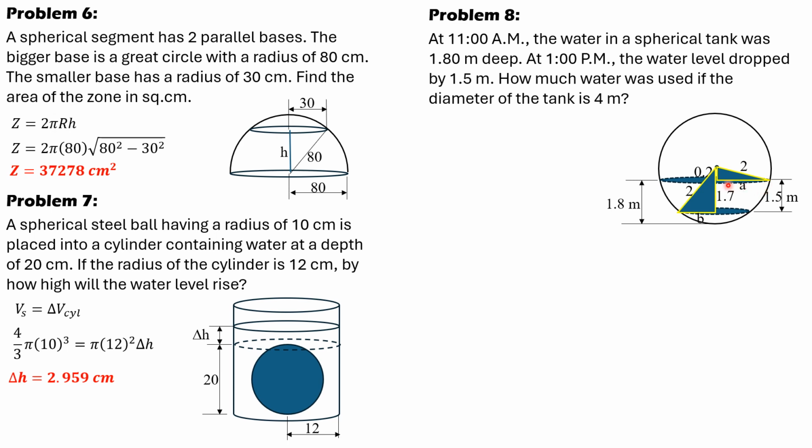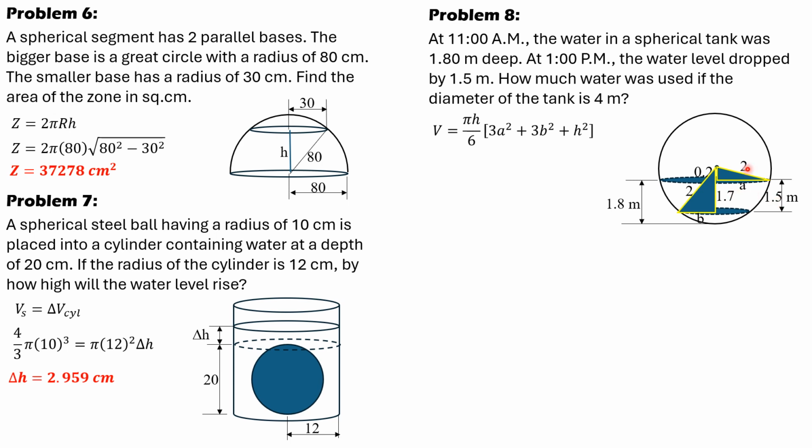Then the volume used is the volume here, which is a spherical segment of 2 bases. And the volume of a spherical segment with 2 bases is pi h over 6, quantity 3a squared plus 3b squared plus h squared. And this volume is also the volume that is lost. So solving for a squared by Pythagoras theorem, by the way, h is 1.5 meters.